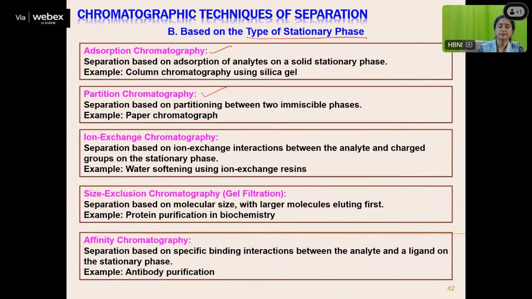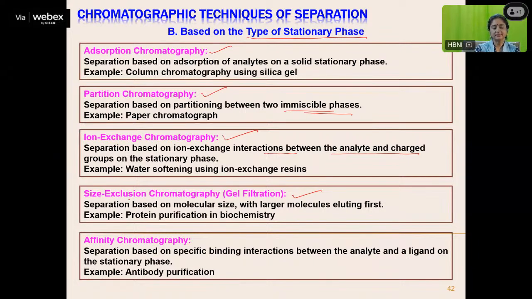Partition chromatography: separation based on partitioning between two immiscible phases, for example, paper chromatography. Ion exchange chromatography: separation based on ion exchange interaction between the analyte and charged groups on the stationary phase, for example, water softening using ion exchange resins.